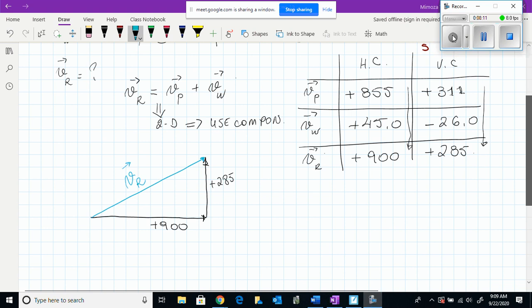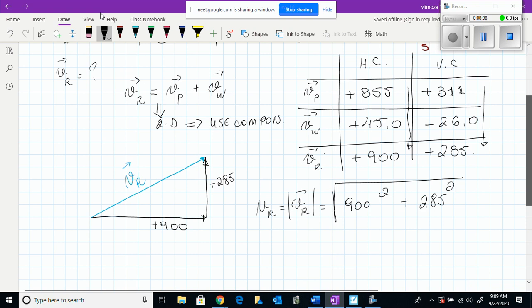This will be the resultant velocity, or the velocity that the observer sees as standing and observing the motion of the plane. Now, the magnitude of this resultant will be the square root of 900 squared plus 285 squared, and the whole thing square root.